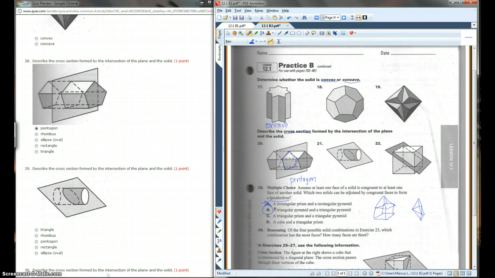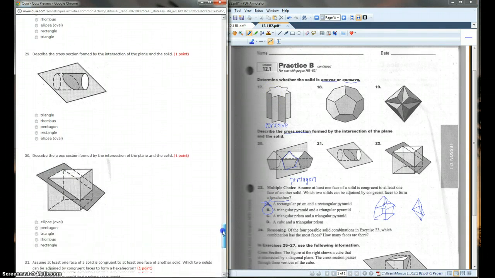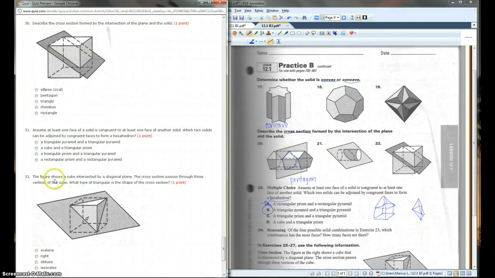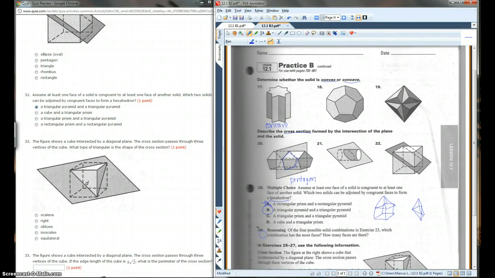So that's the answer. And this corresponds with number 31 here. And you guys can go ahead and skip number 24.